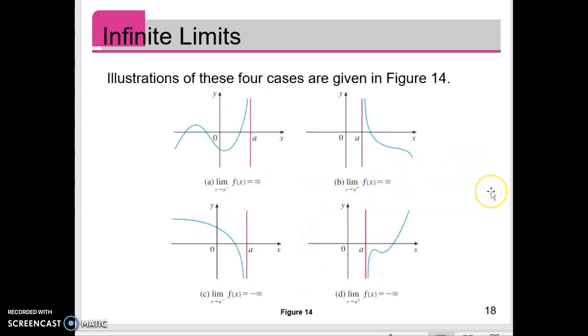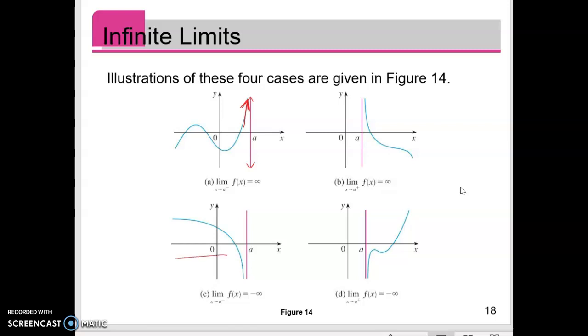Okay, here are a couple of examples. Right-handed and left-handed limits with infinite limits. As you come in from the left to some value x equals a, you can have an unbounded function going up forever, to infinity. Here's the case with right-handed limit infinity and left-handed limit negative infinity.